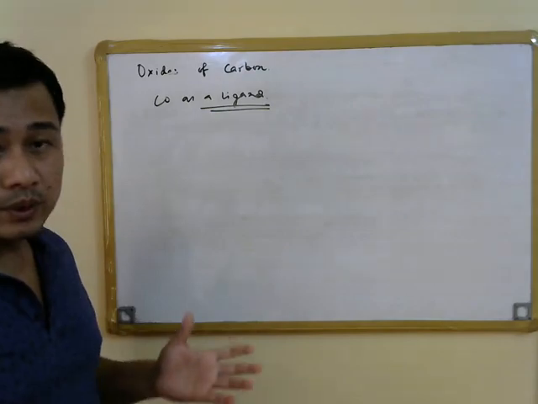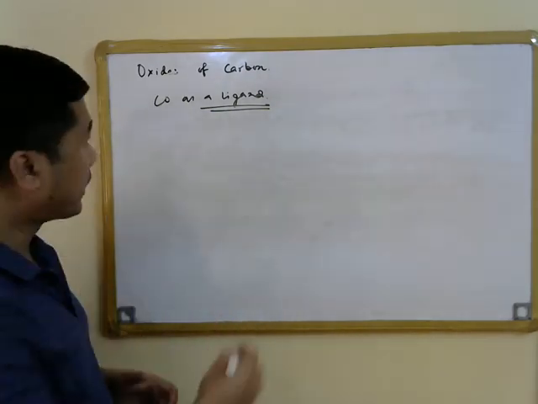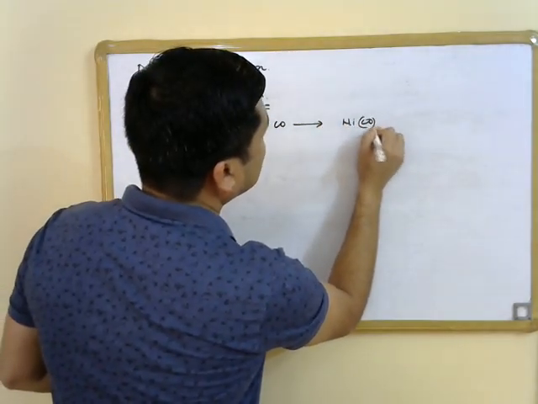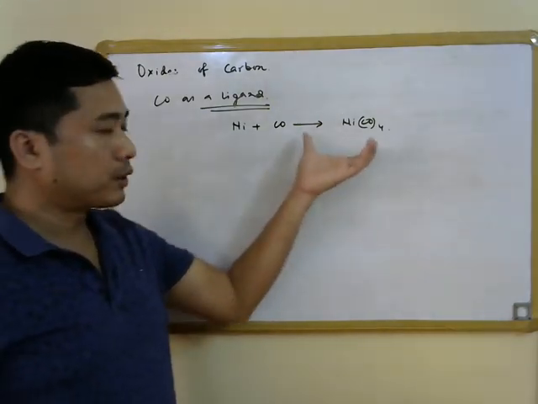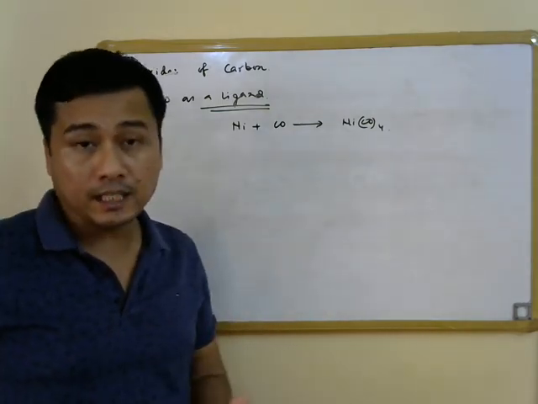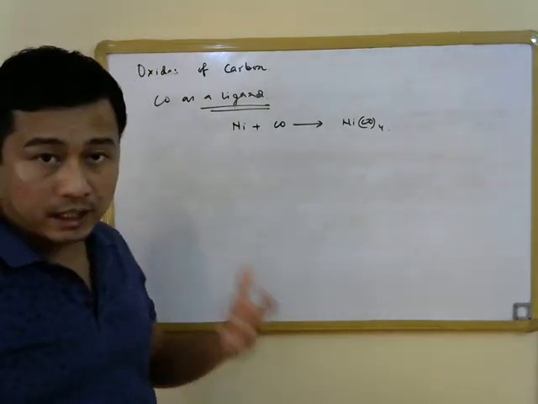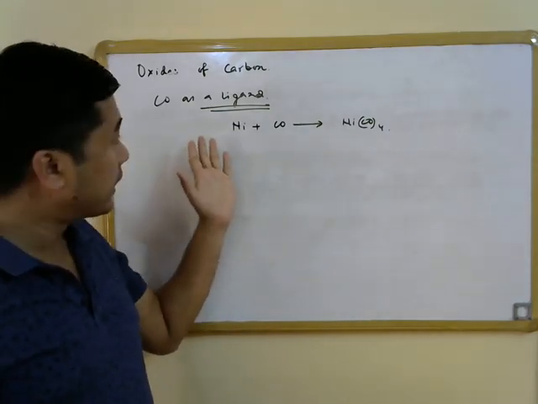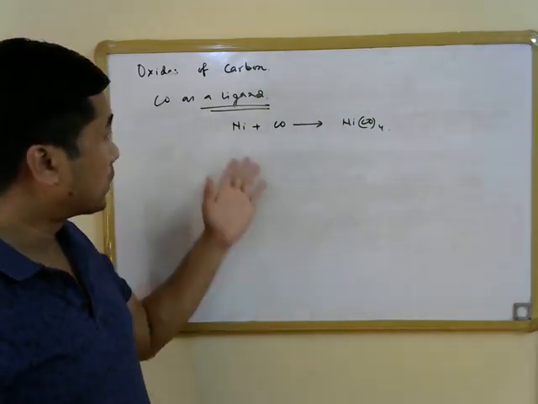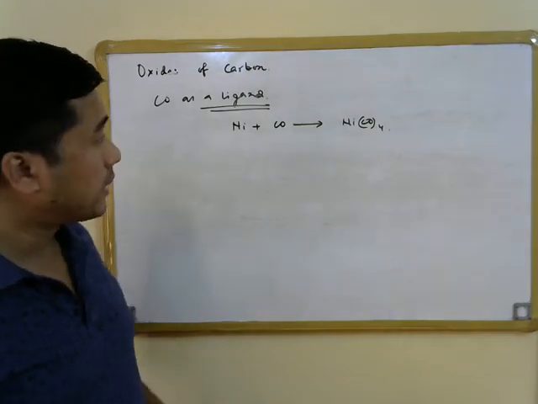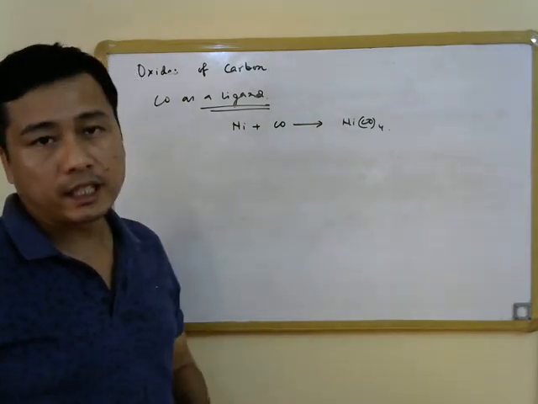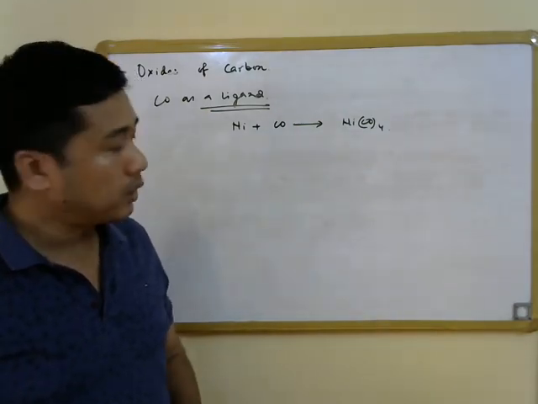One of the first compounds which contained carbon monoxide as a ligand was nickel tetracarbonyl, which is produced as part of Mond's process for purification of nickel, because nickel tetracarbonyl is a gas, and this allows one to purify nickel from other ores or metallic impurities. The nickel reacts with carbon monoxide at room temperature itself, and this nickel carbonyl, a gaseous compound, can eventually be decomposed into nickel and carbon monoxide, once again giving us pure nickel.